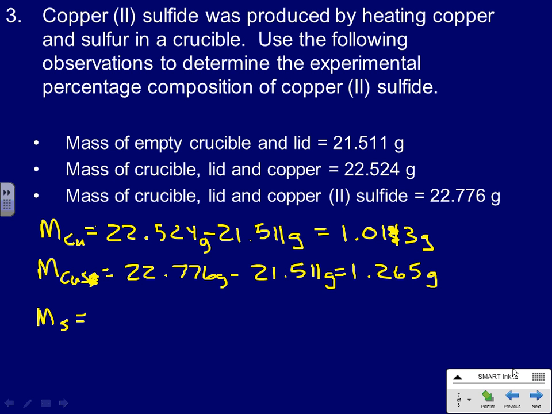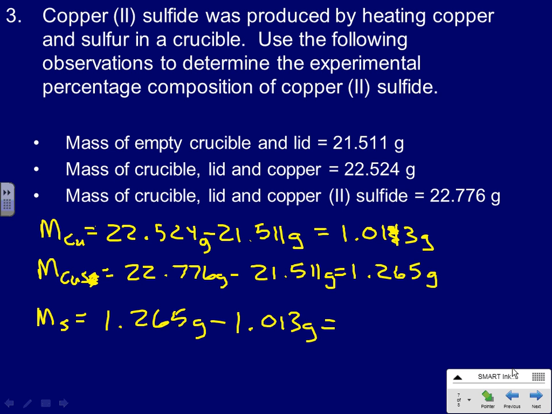Eventually, I'm going to need just the mass of the sulfur. Yep, Brody. What two numbers there? Tell me the numbers you're dealing with here. Just tell me some numbers to put in here. That'll work.